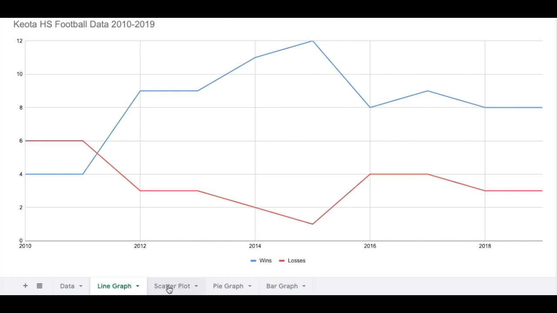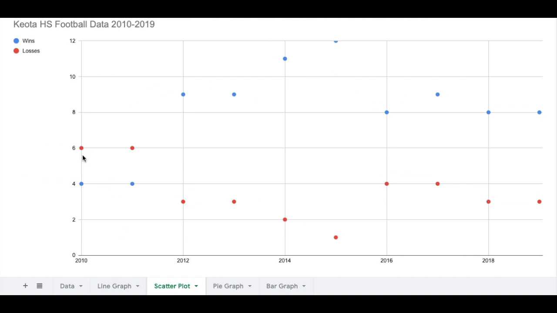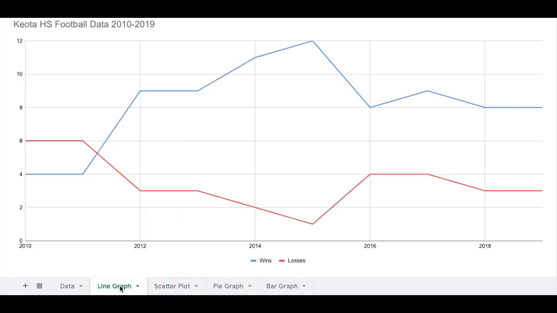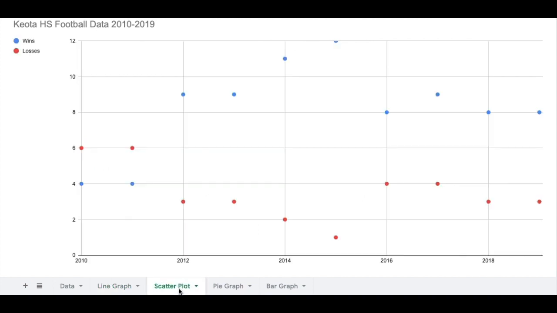Now our scatter plot is going to look something like our line graph. A scatter plot is just dots in different parts of the data where they're supposed to be. So if we look at our line graph, our scatter plot is basically our line graph without the lines connecting it, right?